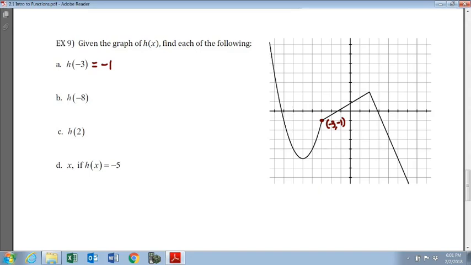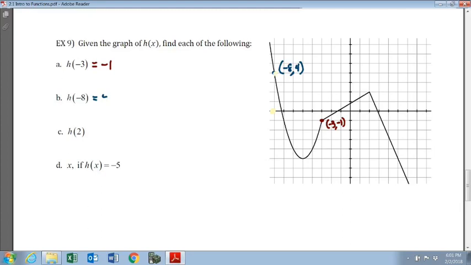Look at part B. This time my x value, or input, is negative 8. So I need to find the point on this graph that has an x value of negative 8. That would be this point here, so the coordinates are (negative 8, 4). So h of negative 8 is 4. Again, another way to think of that is when x is negative 8, what's the height of the graph?